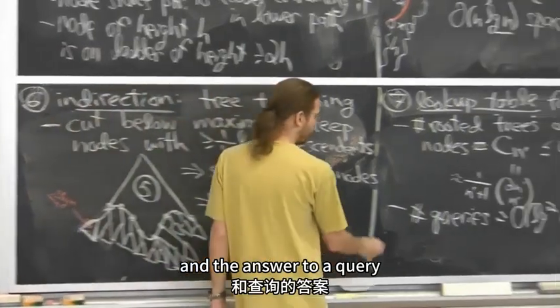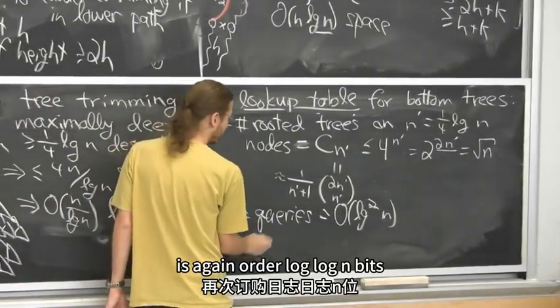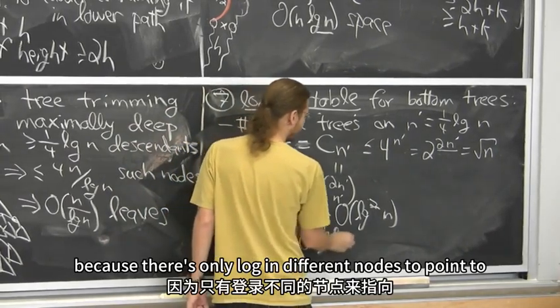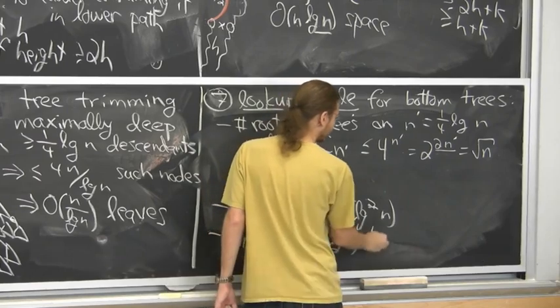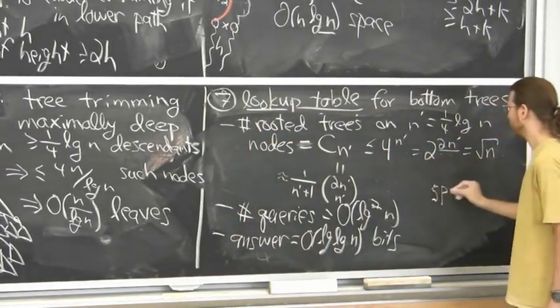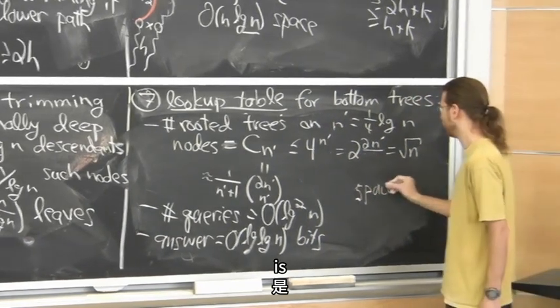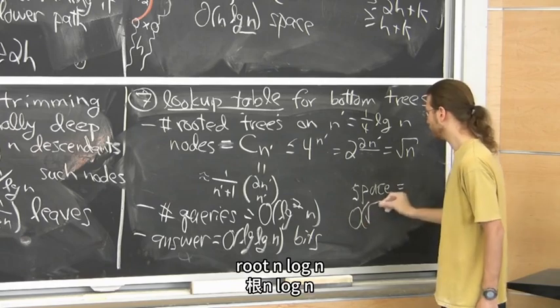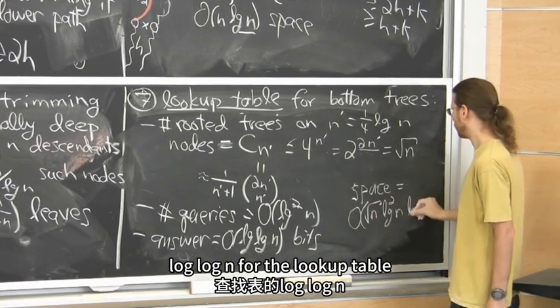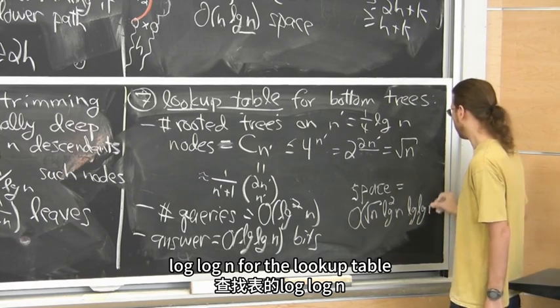And the answer to a query is, again, order log n bits, because there's only log n different nodes to point to. And so the total space is order root n log squared n log n for the lookup table.